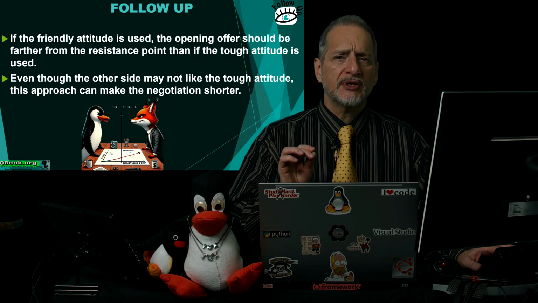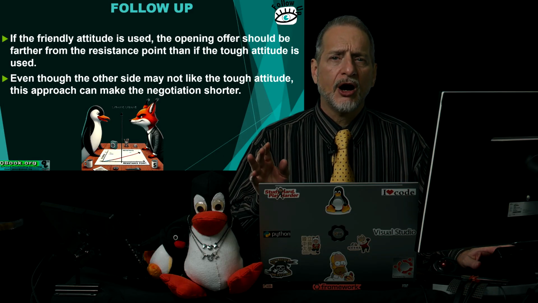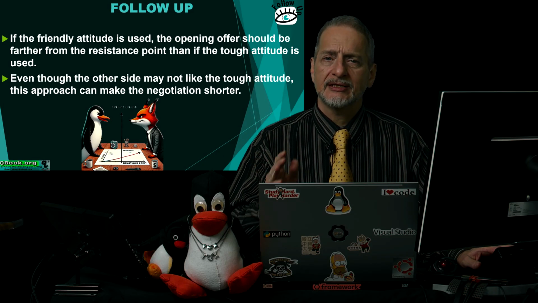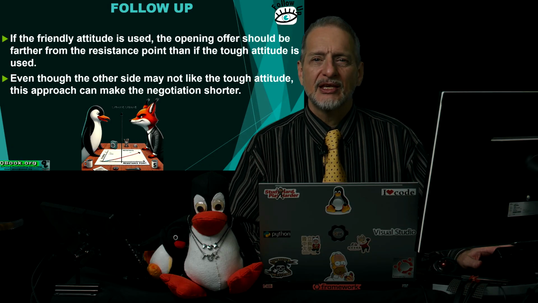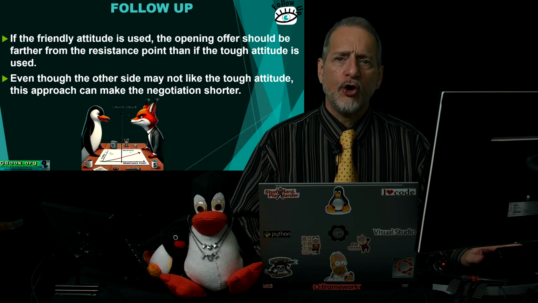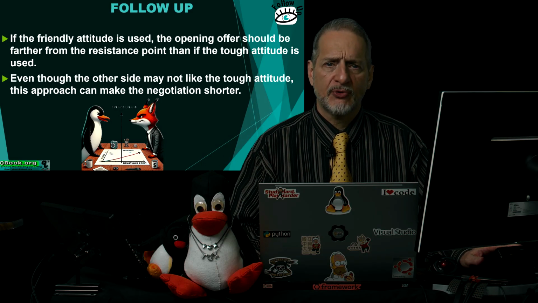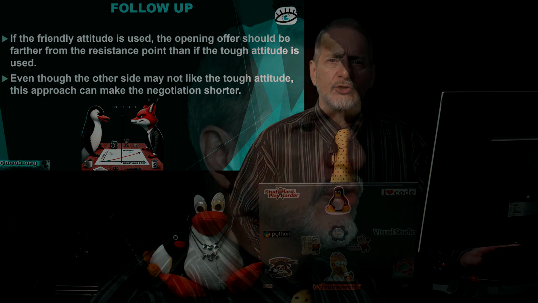Are you going to be mostly friendly? Or are you going to be mostly tough? If you're going to be mostly friendly, then the opening offer should be further from the resistance point. You begin further away because you're going to give up as you are trying to be nice.